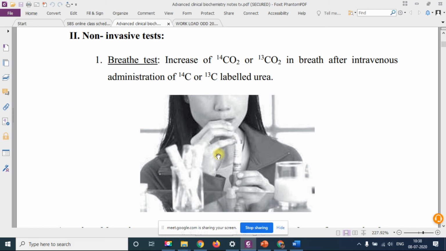It is only a 100 ml solution given to the patient, and they will drink the isotopically labeled urea solution. After drinking the urea, we have to wash the container, maybe given in tumblers, and they have to rinse it and drink it again, so that there is no loss of urea. If you are giving a particular dose, that whole dose has to reach the body.